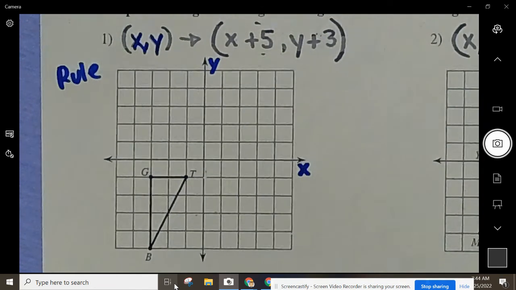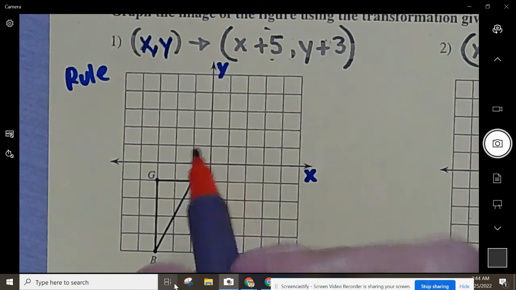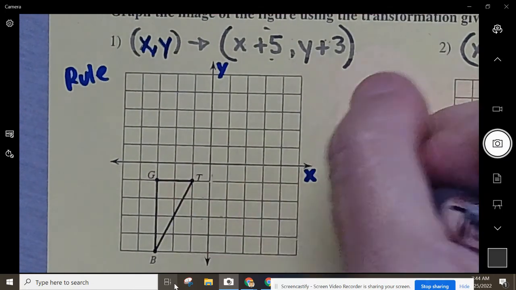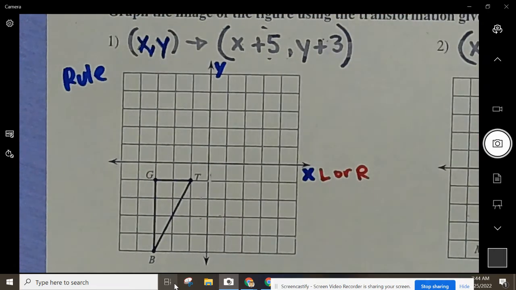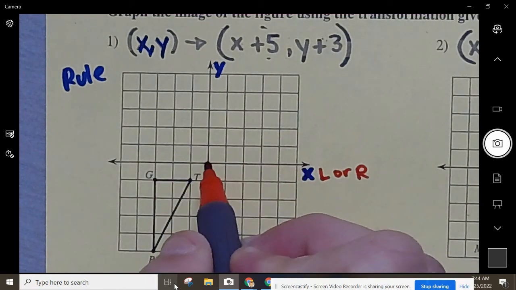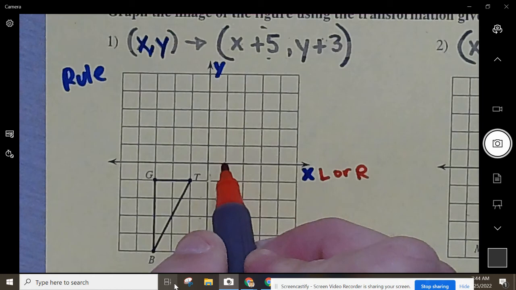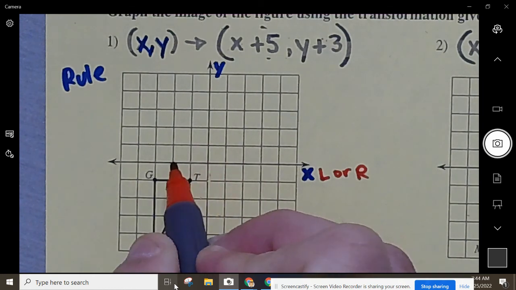If I was to follow the rule here, x plus 5, the x-axis goes which way? It goes left or right. You guys see that? The x-axis goes left or right. And if this is 0, isn't this 1, 2, 3? And this way is what? -1, -2, -3.